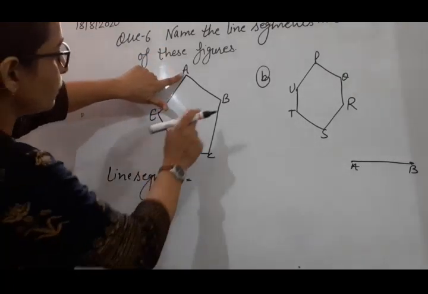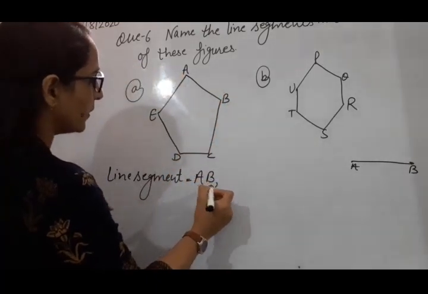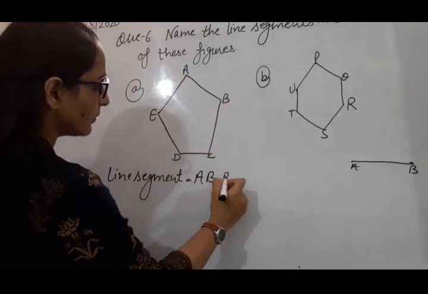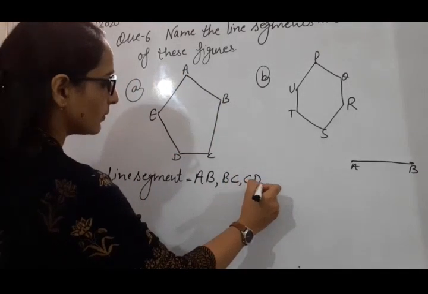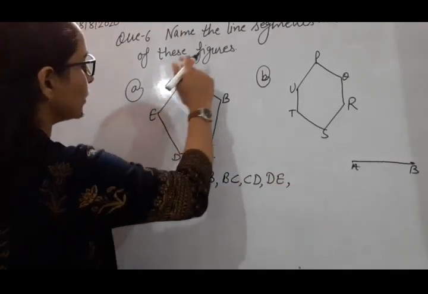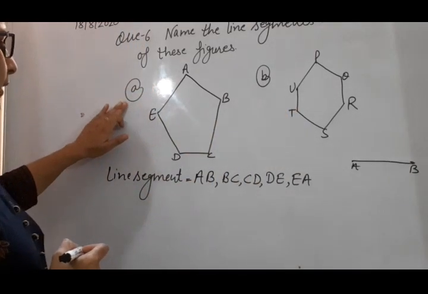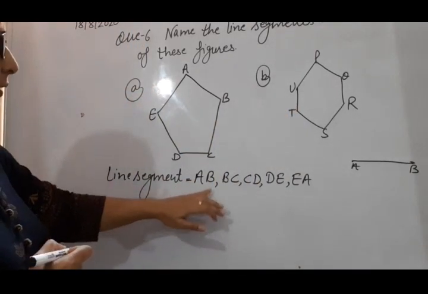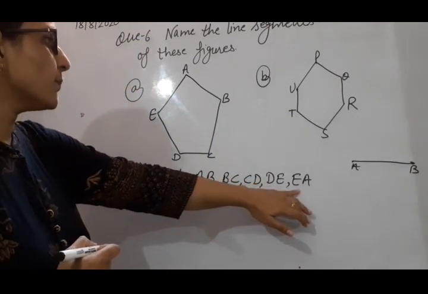Clear? From one point to the second. So in part A, the line segments are AB, BC, CD, DE and EA.